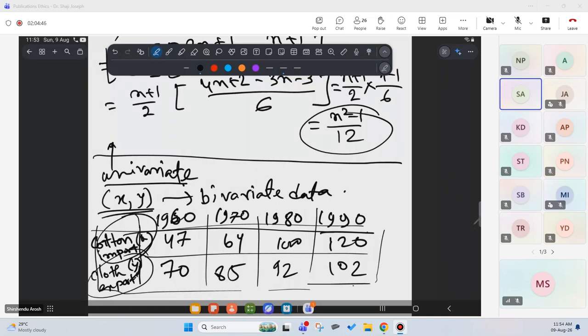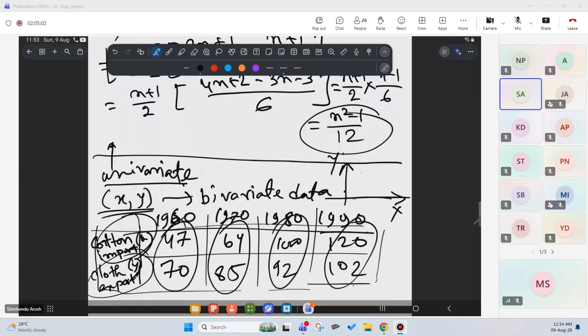If I drop this into the axes, this is the x-axis and this is the y-axis. Suppose the x-axis follows the cotton import and the y-axis follows the cloth export. Each and every number is one point in this xy plane. Then of course we can find out the degree of connectedness between these two parameters x and y.